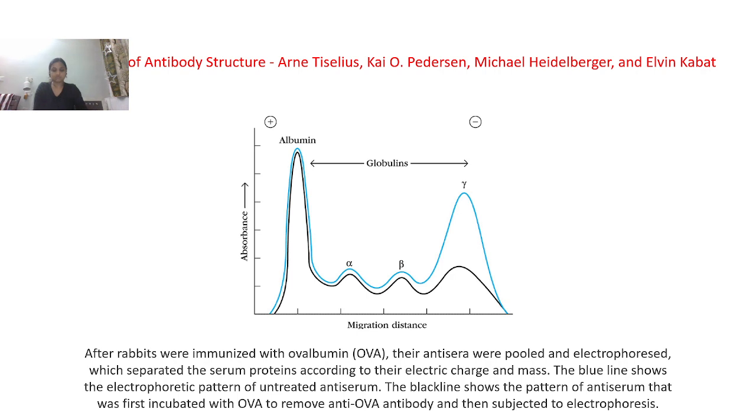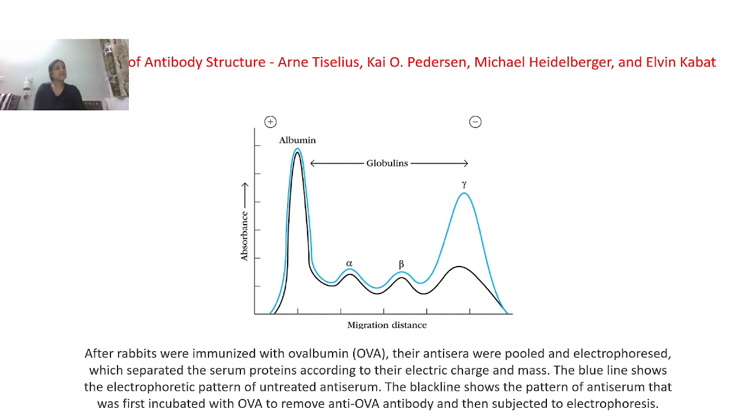Yes, ma'am, I understood. They just identified that something is present in this fraction of the serum, which they termed gamma globulin, and they found that it is responsible for interacting with the antigen.